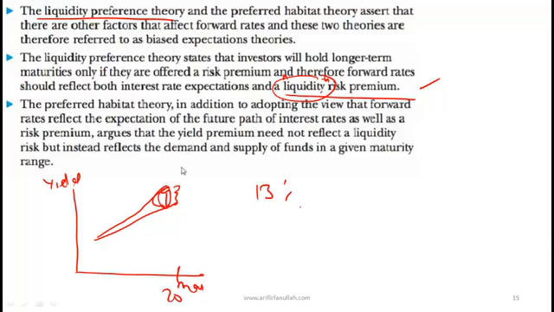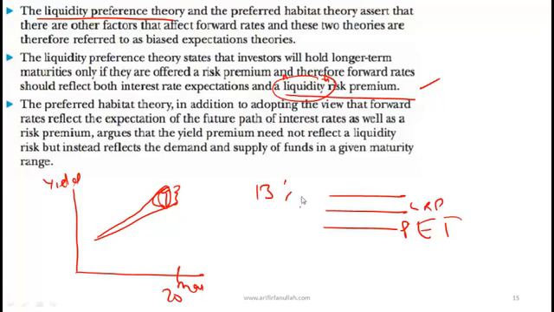The way you can think of it is our base case is pure expectations theory. The liquidity theory just builds on top of that and says that there should be a premium for the extra risk associated with longer term bonds. So that's our liquidity risk premium.